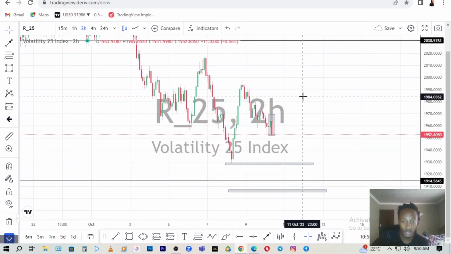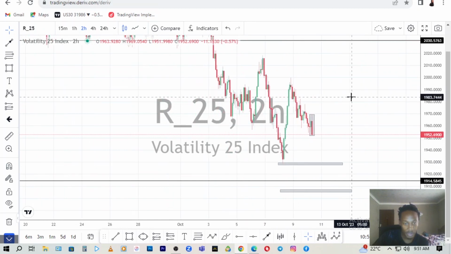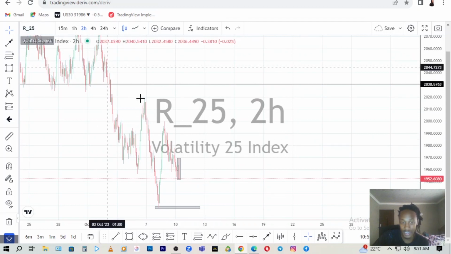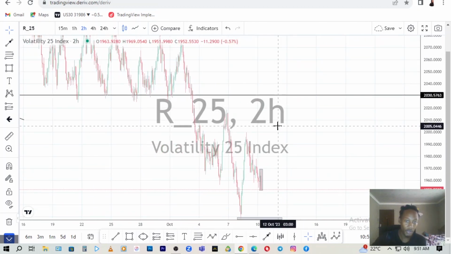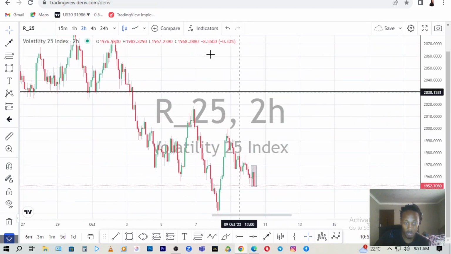You can easily sell here, then aim for this level and also this level. Okay, so for now, I'd rather focus only on selling than buying volatility 25.